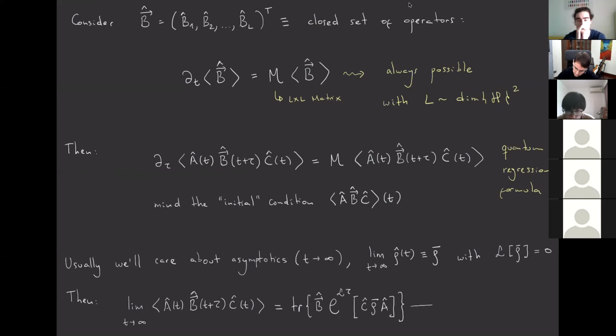And of course, now, if you ask what is the initial condition of the quantum regression formula, which is the expectation value of A, B, C at time t, now that we care about t going to infinity, this is nothing but the trace of A, B, C in the steady state, okay?